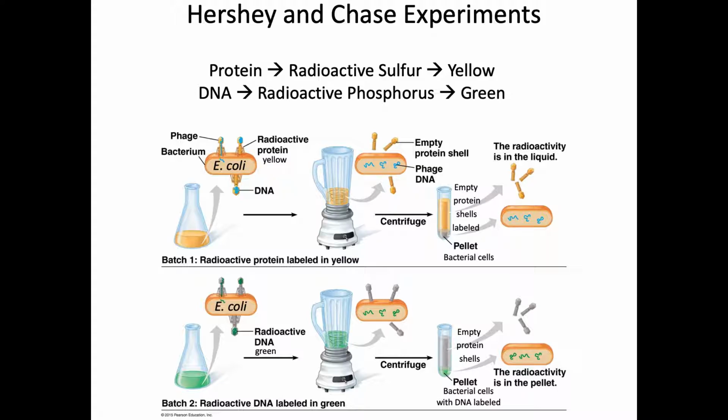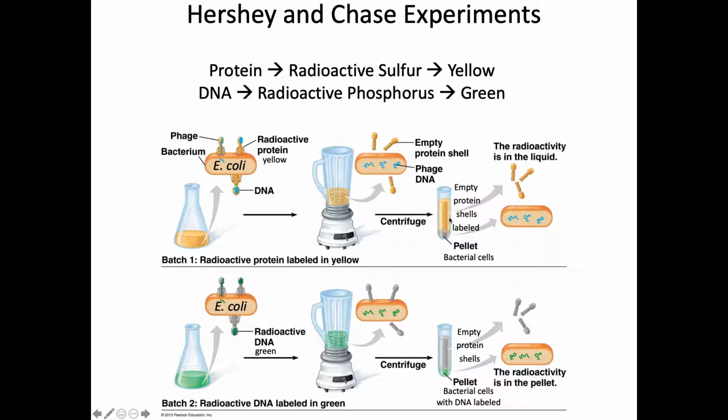And then they place it in a centrifuge. When you place things in a centrifuge, the material that is heavier will settle to the bottom, whereas the lighter material will appear at the top.